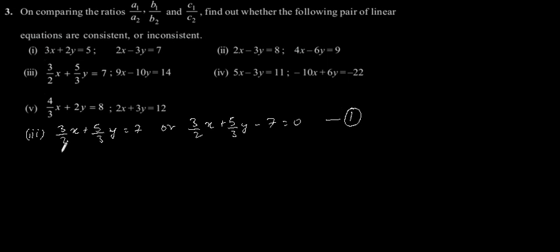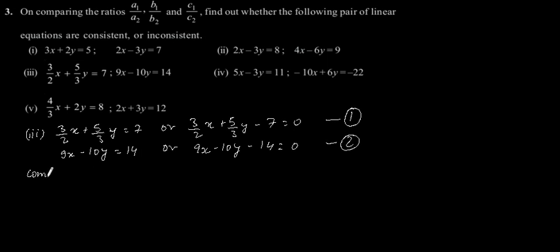This is equation 1. Second equation is 9x minus 10y is equal to 14, or 9x minus 10y minus 14 is equal to 0. Let's say this is our equation 2.